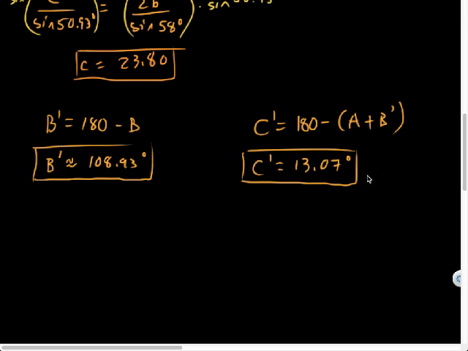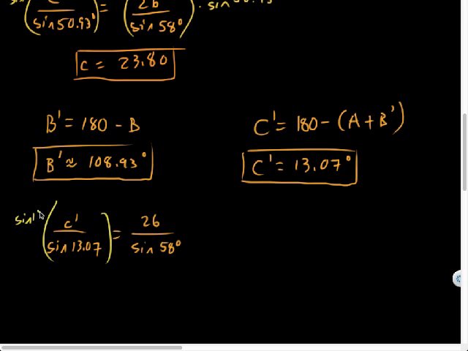And now that I have C prime, I can find little c prime. So little c prime over sine of 13.07, we might as well compare that to the A's again, so side a and sine of angle A. To solve for little c prime, I could multiply both sides by sine of 13.07.